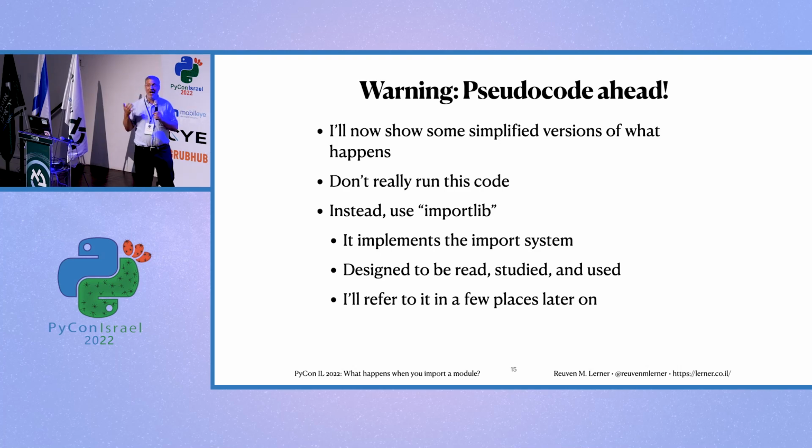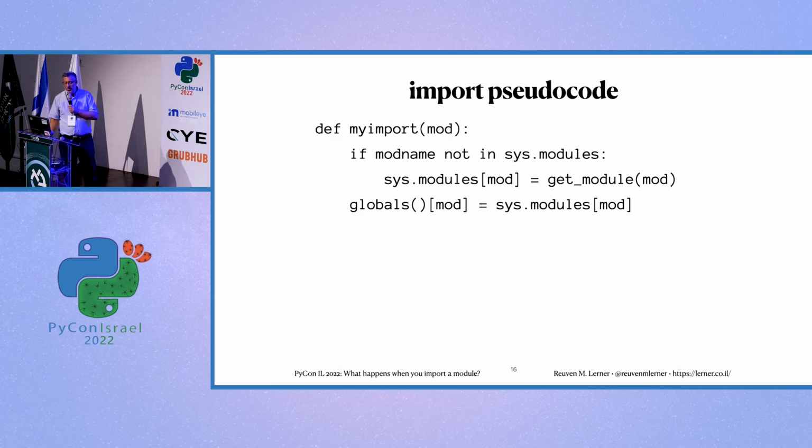Importlib is a module, of course it is. It comes with the standard library, and it implements the import system. So if there's ever a part you want to re-implement yourself, you just go ahead and do it. You either use parts of that or look at parts of that to do it. It's designed to be read and studied and used, and I'm going to use the importlib module a bit here.